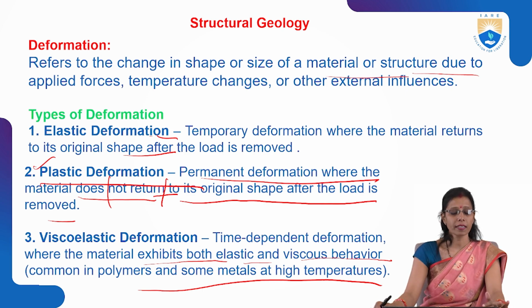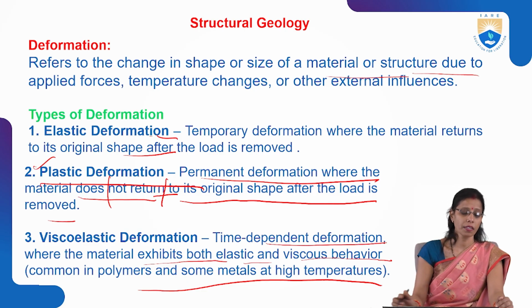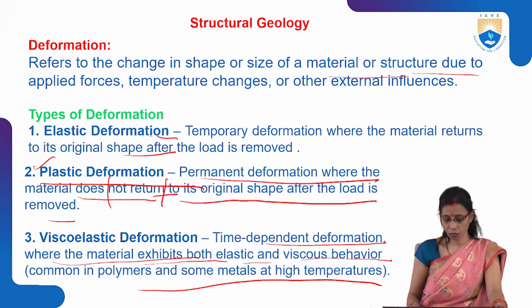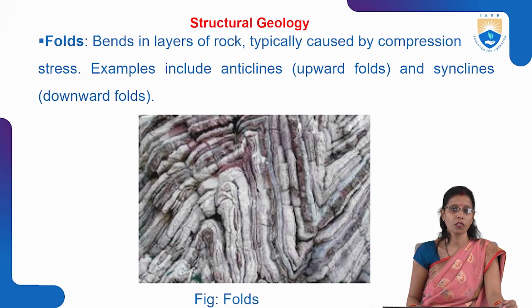And here we call it elastic deformation, which at least has the facility of coming back to its original position. Viscoelastic deformation is time dependent, where the material exhibits both elastic and viscous behavior, so you will find both conditions.